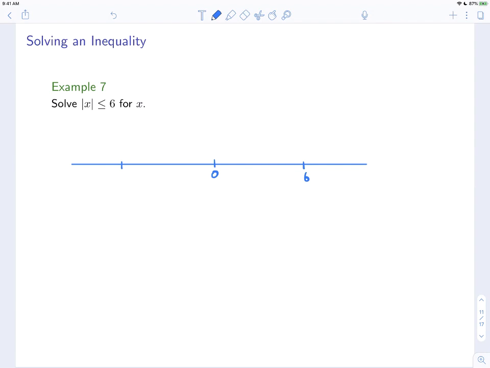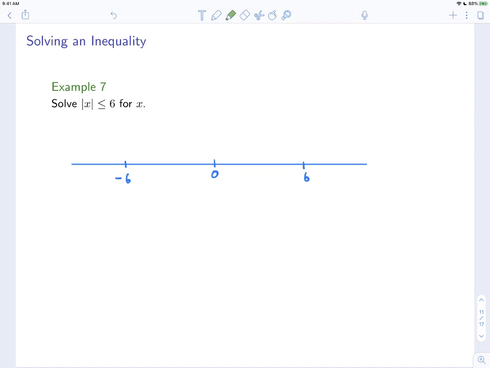It's a little bit too far, maybe. Let's say right here. So all of the numbers between 0 and 6, including 6, have distance less than or equal to 6. And all of the numbers between 0 and -6 also have distance away from 0 less than or equal to 6.